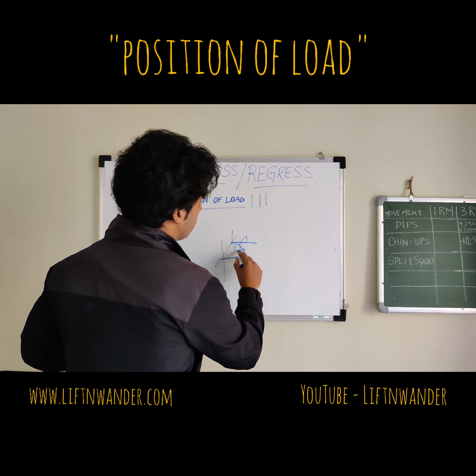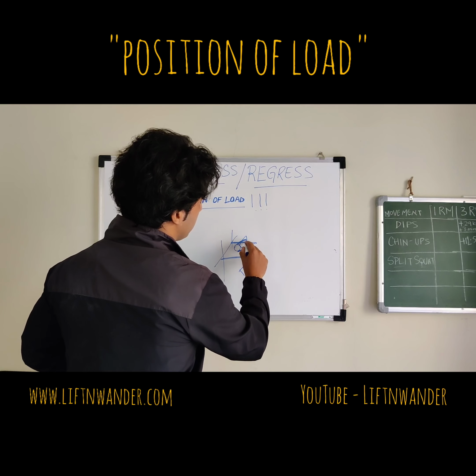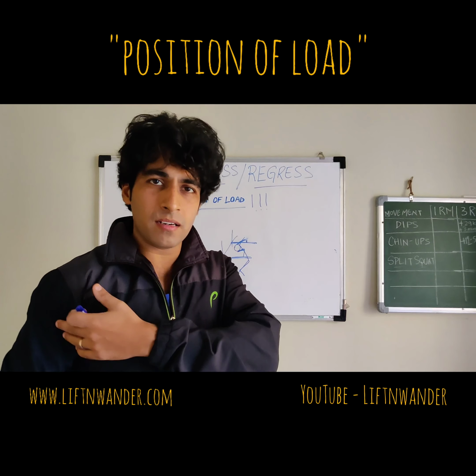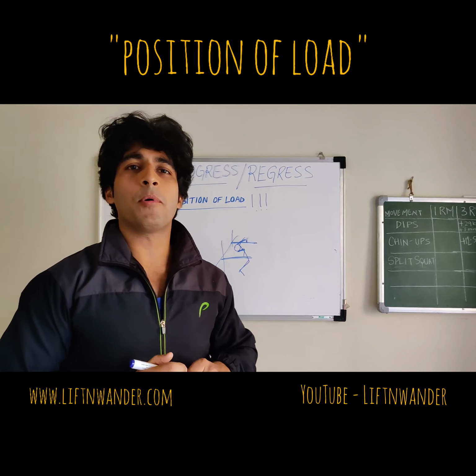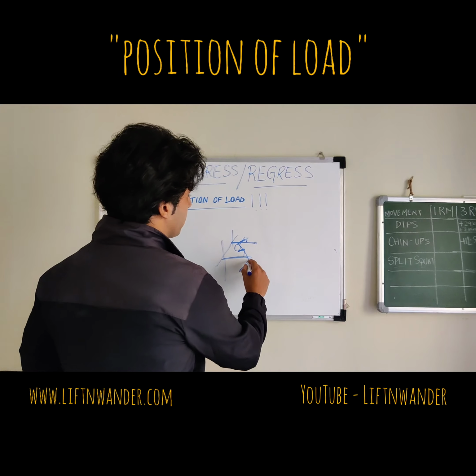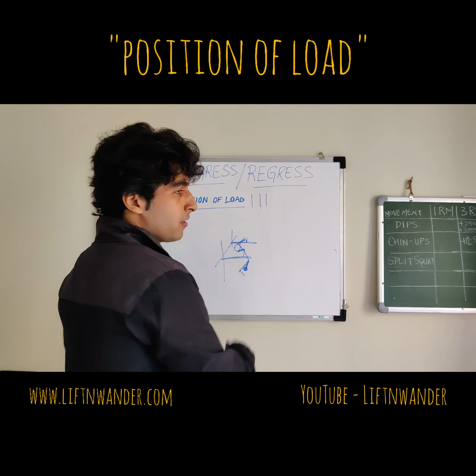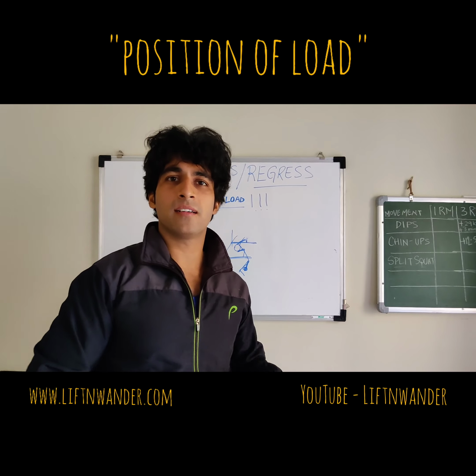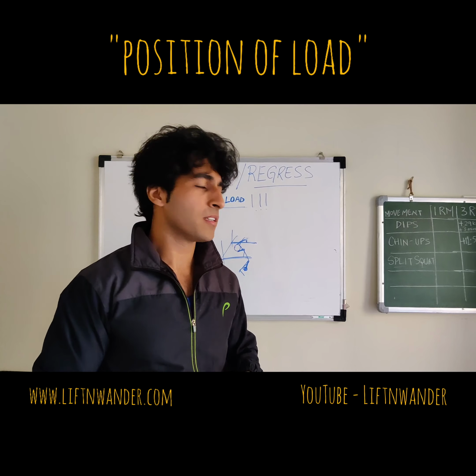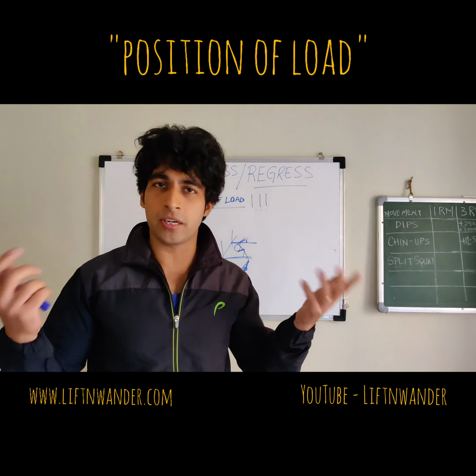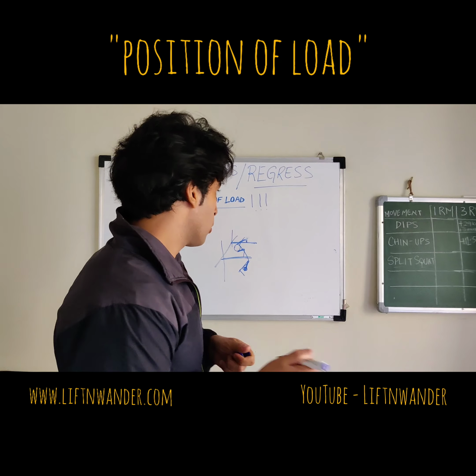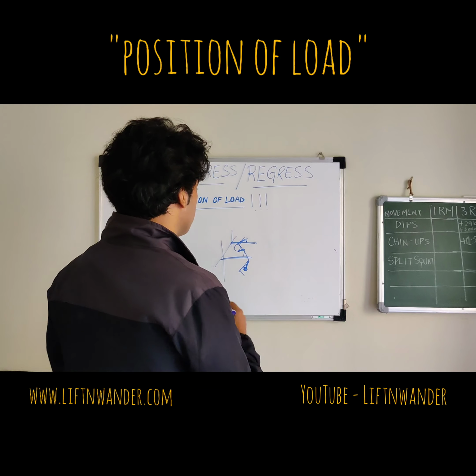Even if you're going just 90 degree upper arm angle, it bothers the shoulders, especially if you have weight hanging here. If you're doing weighted dips, it usually bothers the shoulders. It does bother mine. So how do we manipulate the load?